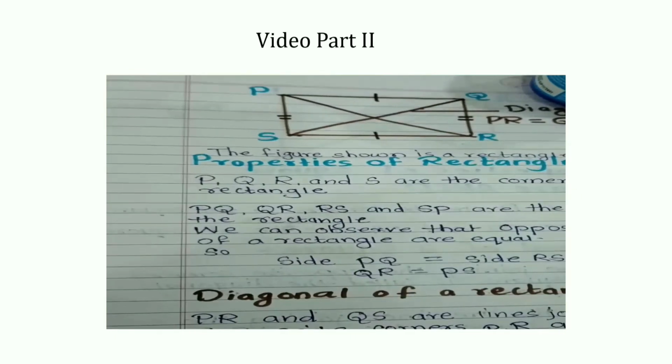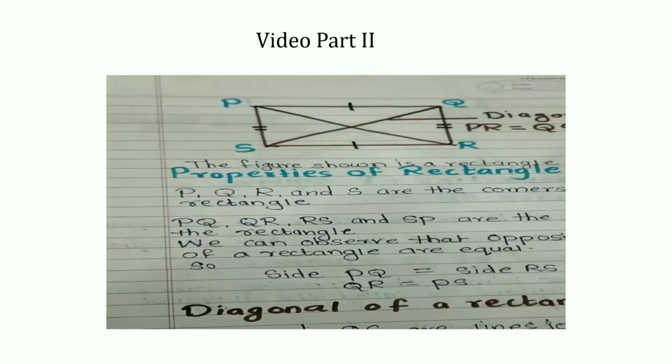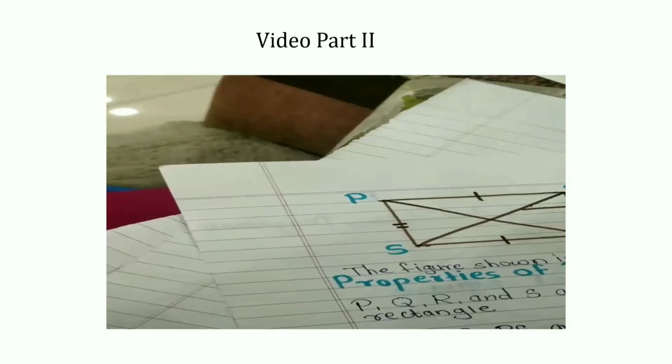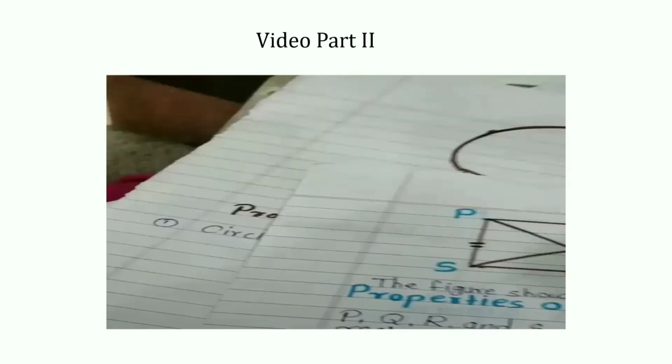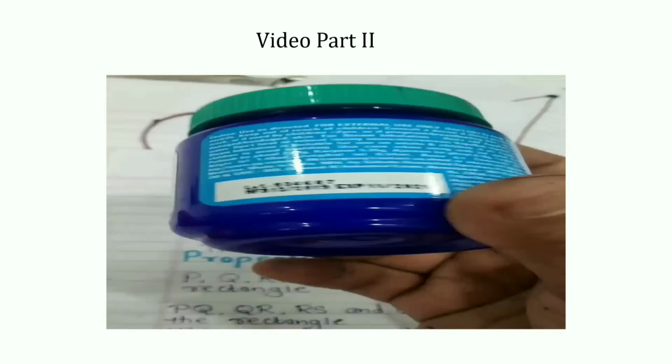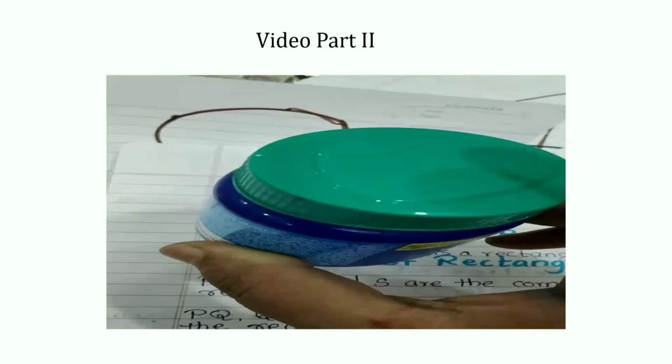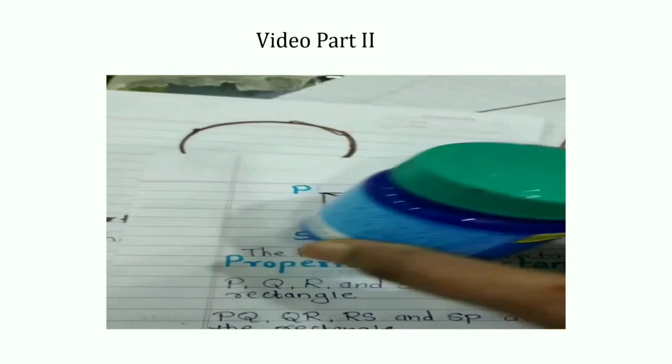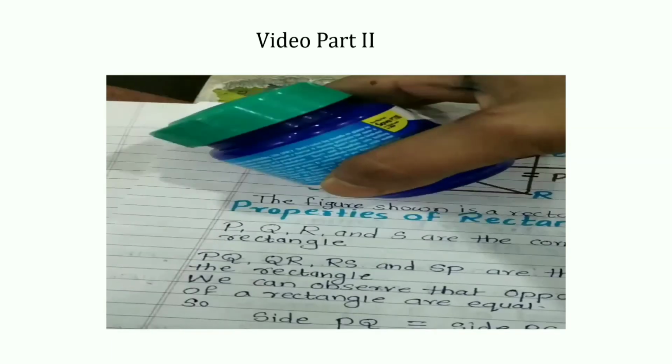Now let's take an object in the shape of a cylinder and trace the flat face of the cylinder on a sheet of paper.